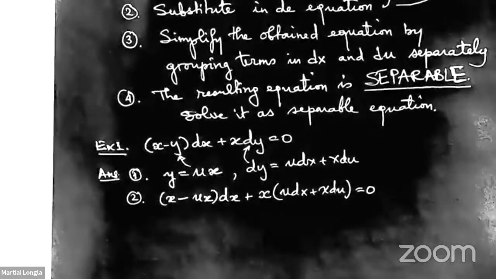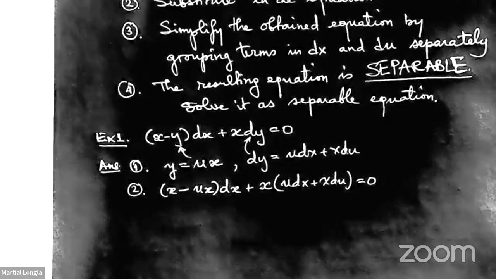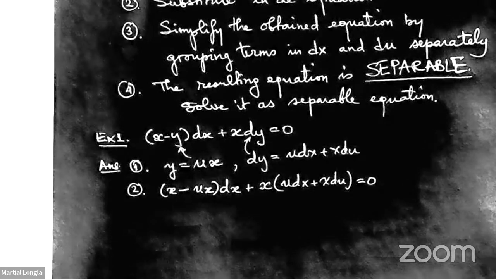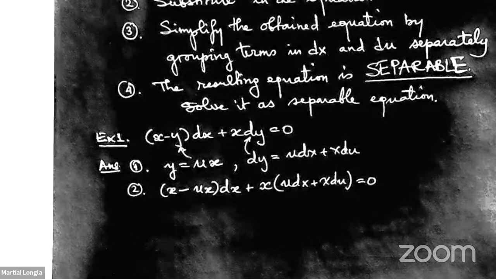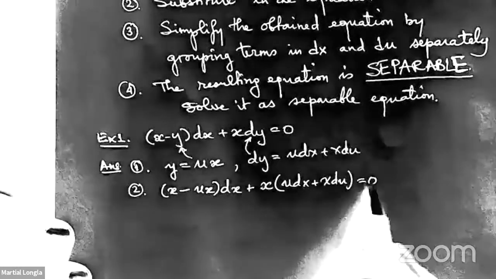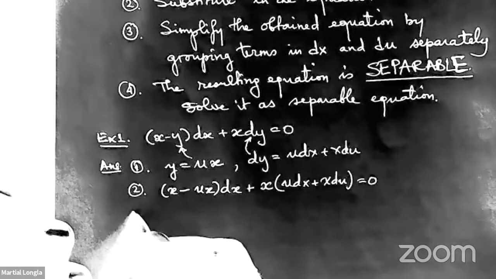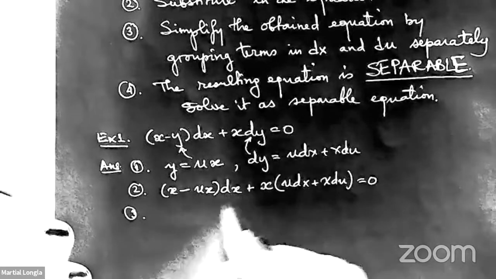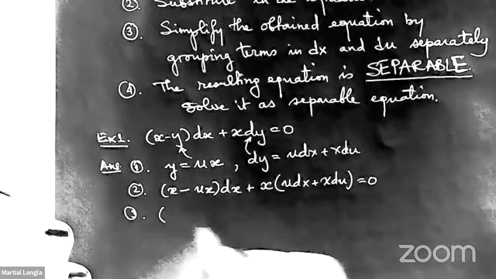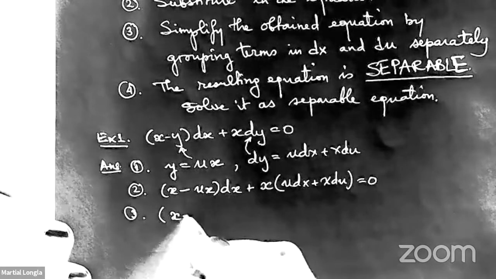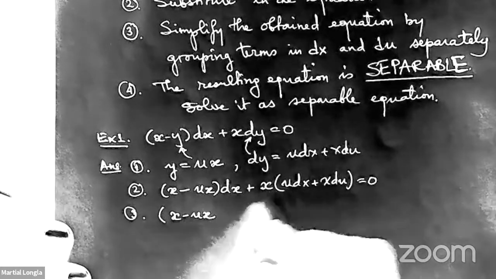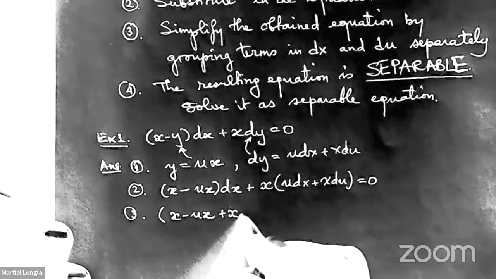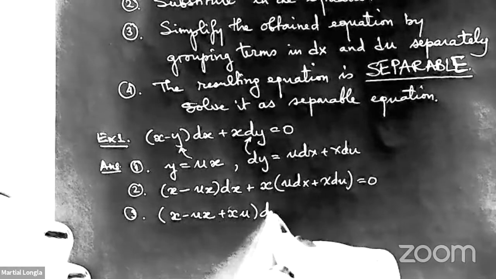So then you have your third step. Simplify the obtained equation by grouping terms in dx and du separately. So I take all the things that have dx and then all the things that have du separately. With dx, what do I have? I have (x - ux + xu), all times dx.